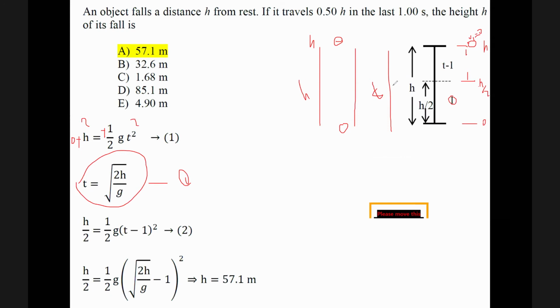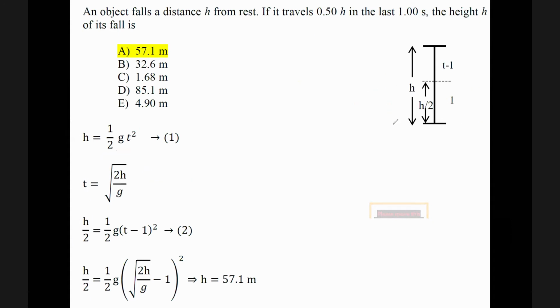I need another equation, so I benefit from the second piece of information. This is h/2 with time 1. How do I find it? Here, what's the height? 0. Here, h/2. What's the final? 0. So it is 0 minus h/2, because I am doing final minus the initial, equals v naught t.